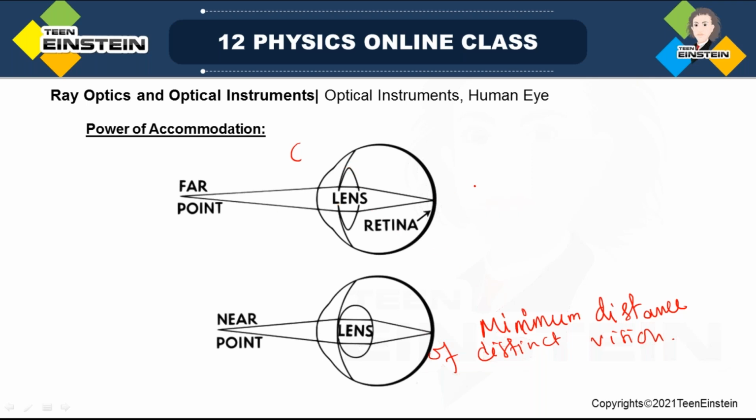Now look, this is the far point, this is the maximum distance, the maximum distance of distinct vision.